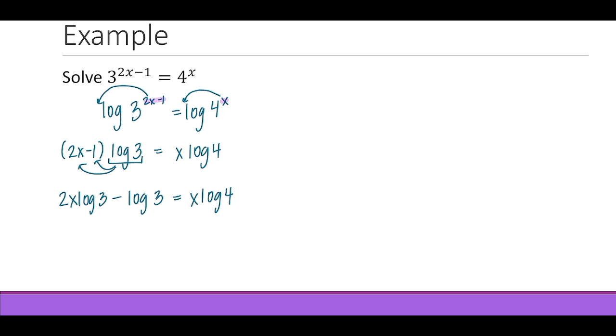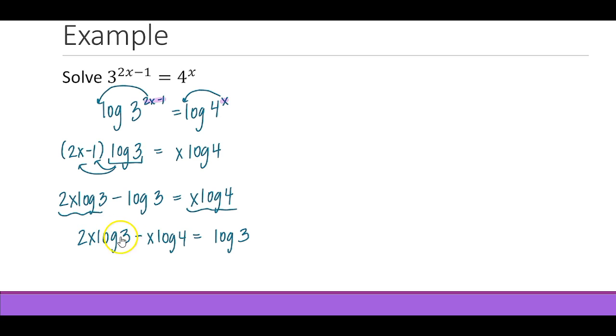So I want to get the two terms with x's to one side of the equal sign, and the term without an x on the other side. So I'm going to keep 2x log 3 on the left, and subtract x log 4 to move it over, and then I'm going to add log 3 to the other side. So I'm just collecting like terms, like I would with any other equation.